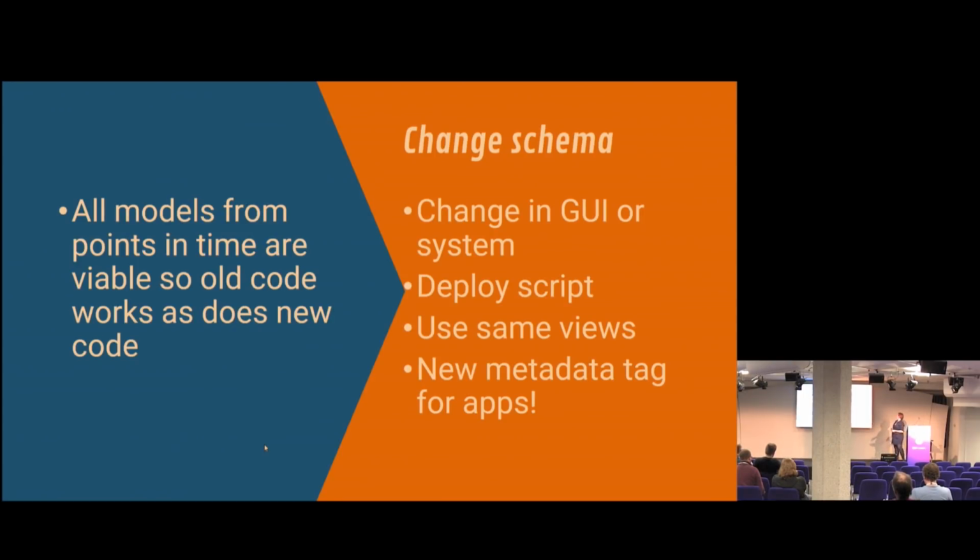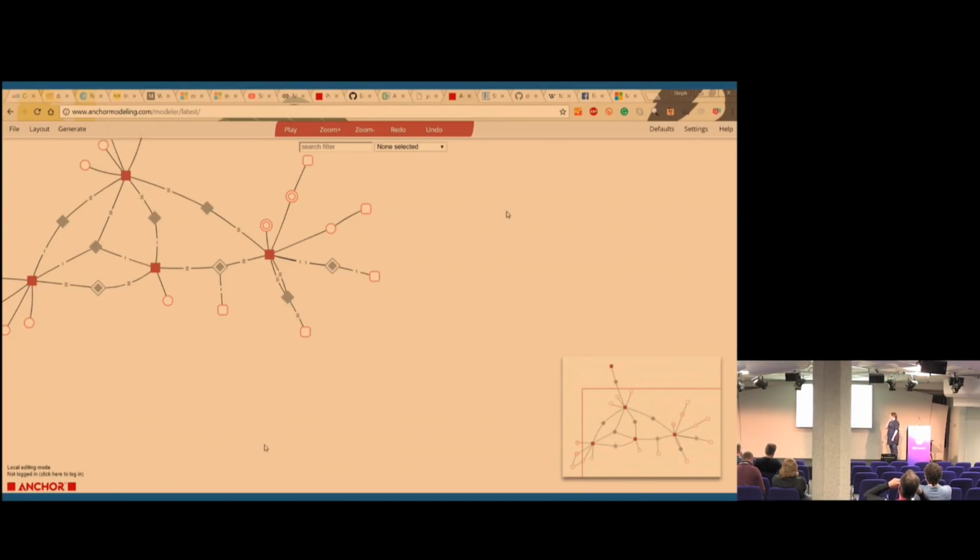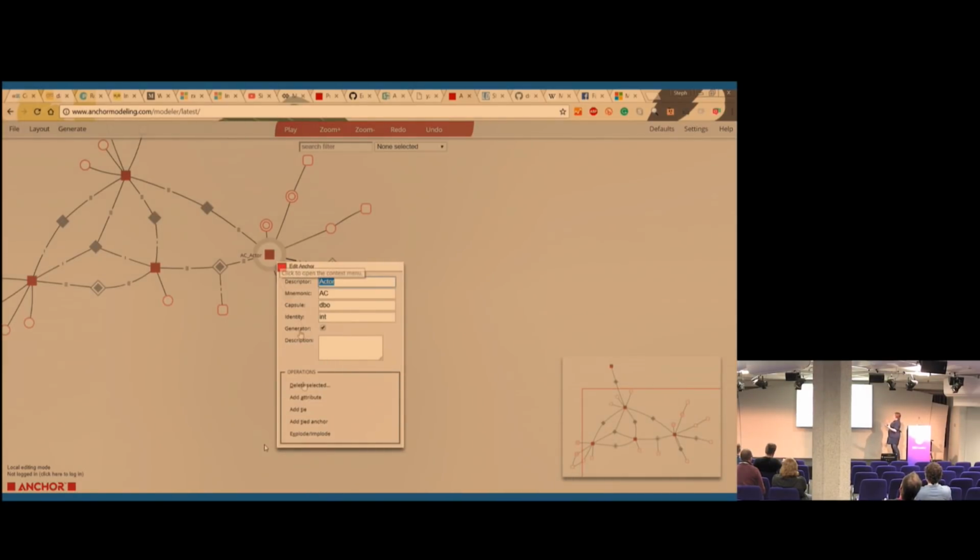And then I would recommend you increment your metadata tag so you know which version of the schema your app is running against. So we have our existing model. To make changes to it, we can use the GUI.